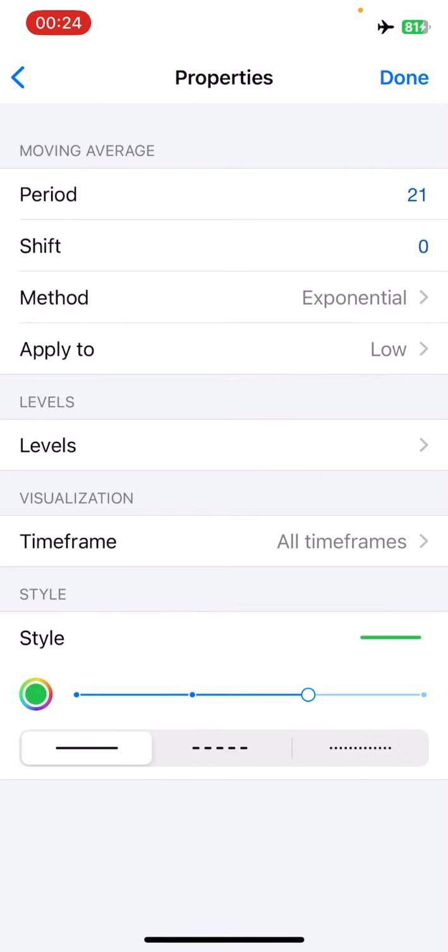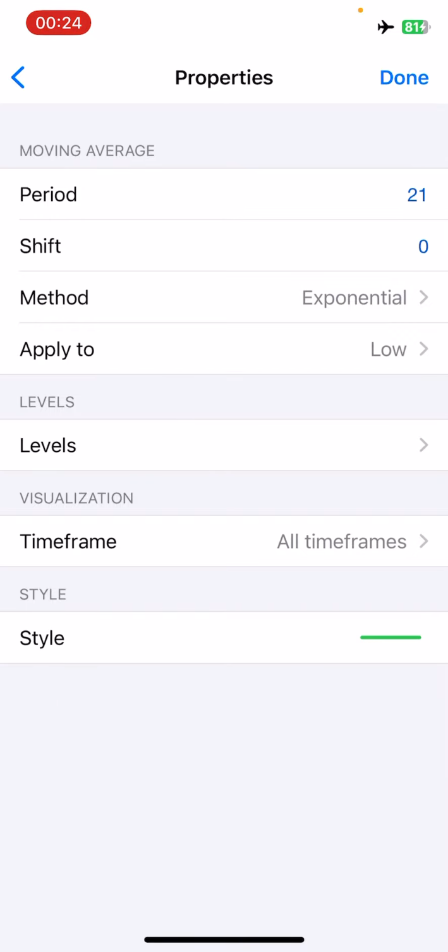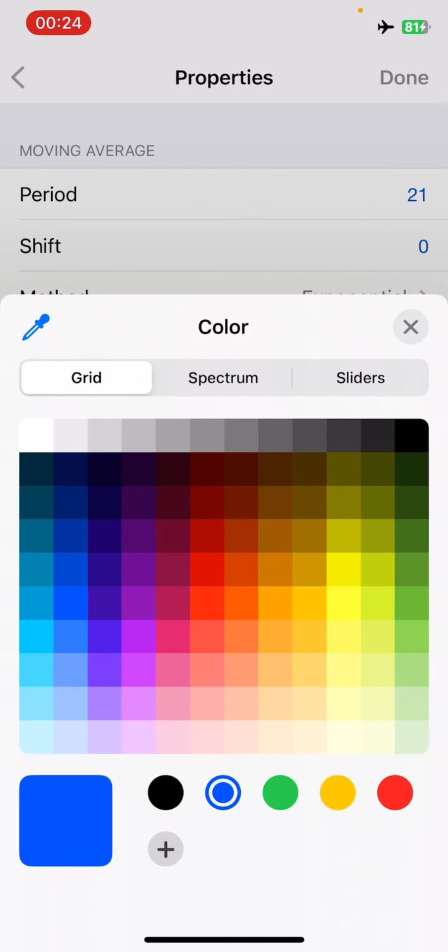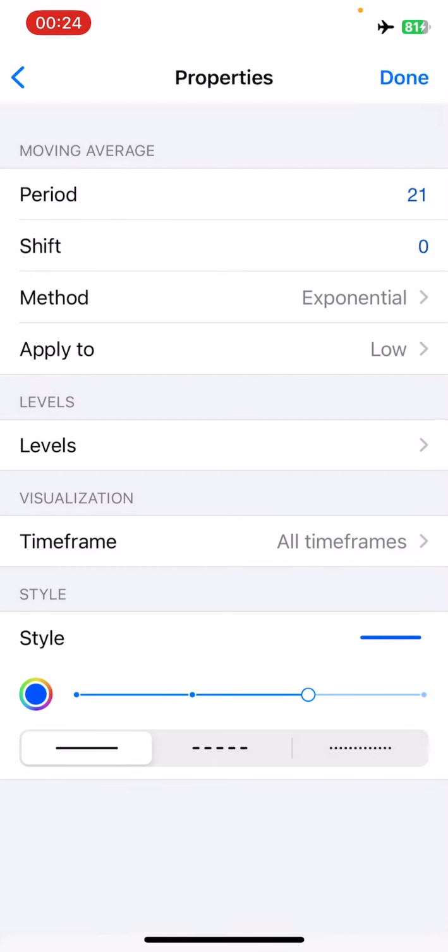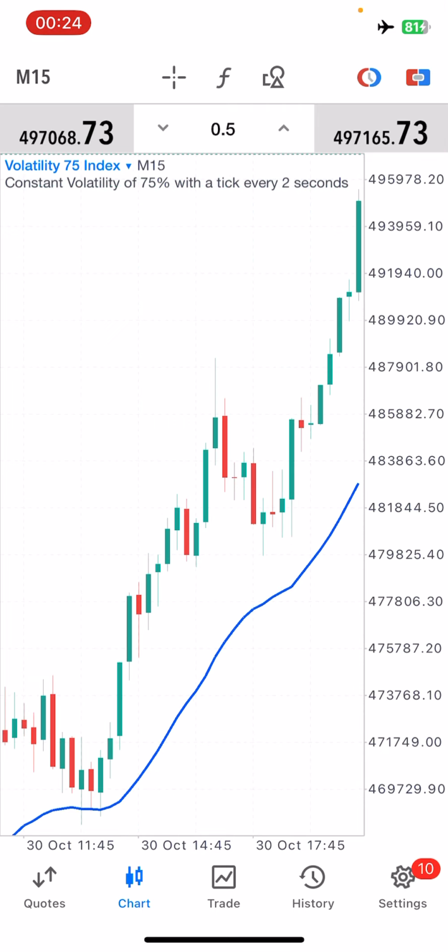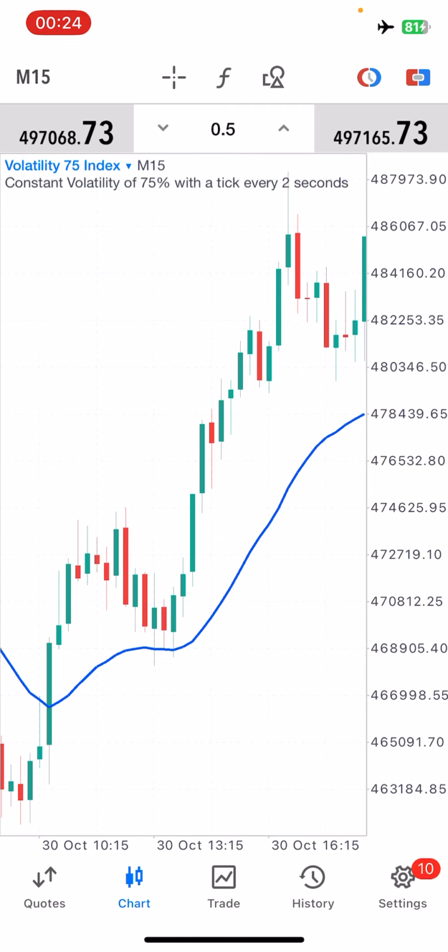And on the style, I'm actually going to pick that green color, or let me just change it to blue so that we have exactly the same color combination that we had at the beginning of this video. Okay, so done. You can see we now have that blue line running across our charts.